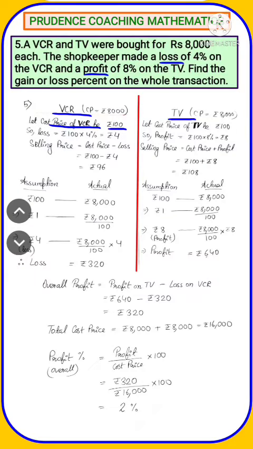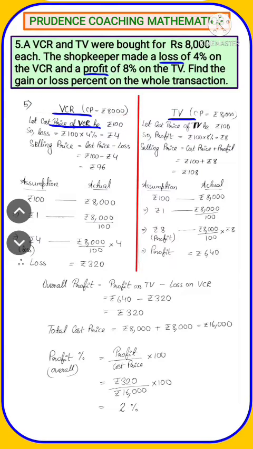According to the question, on selling the VCR, the shopkeeper made a loss of 4%. This loss will be calculated on cost price because profit and loss are always calculated on cost price. So 100 rupees was the cost price according to our assumption, into 4%, that is rupees 100 into 4 by 100. 100 and 100 get cancelled and rupees 4 will be our loss here.